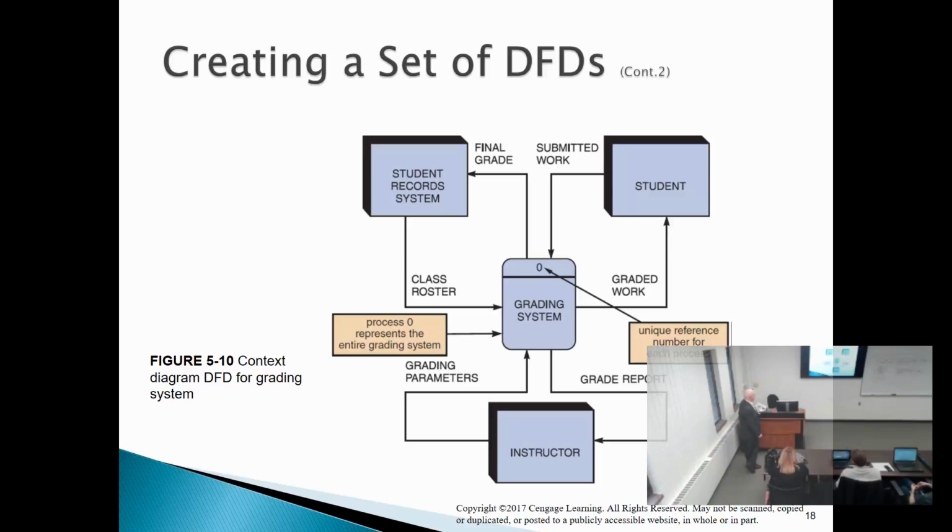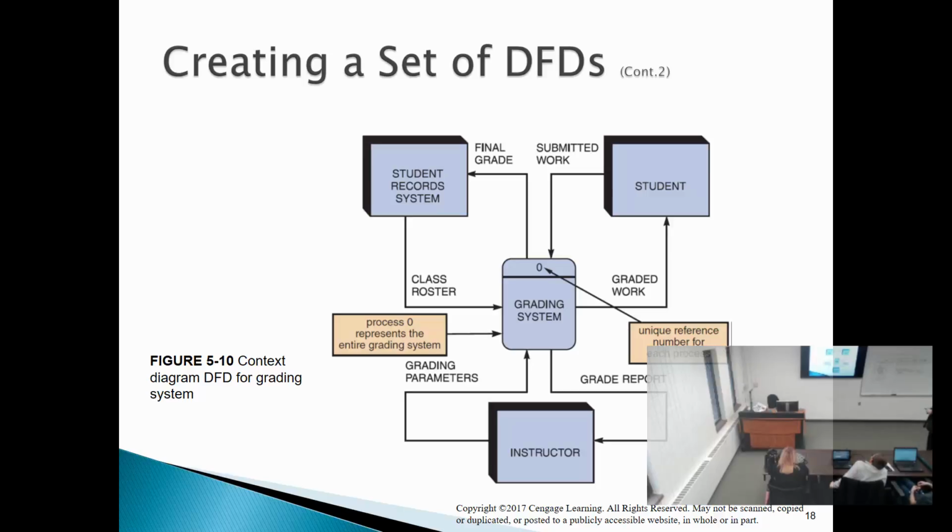Okay, so here is the context diagram. So what kind of system is this? Data flow diagram? Okay, but what is the system that it represents? What would we call this type of system? The grading system. Very good.